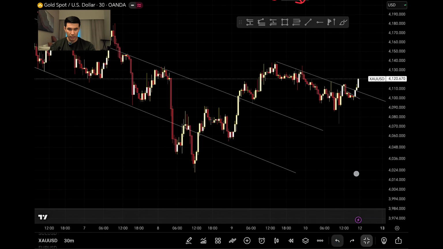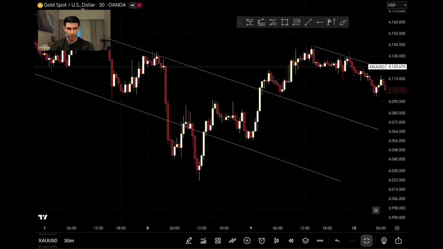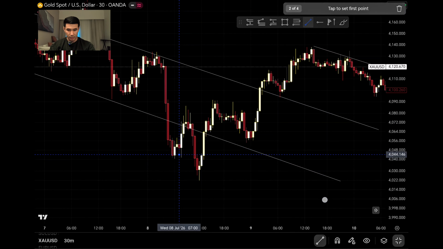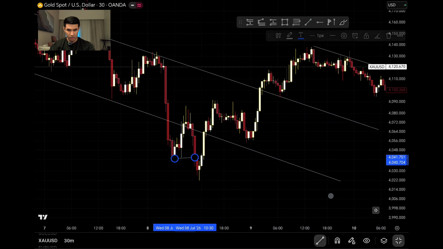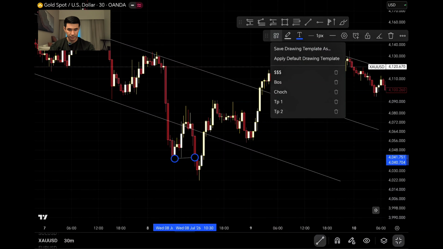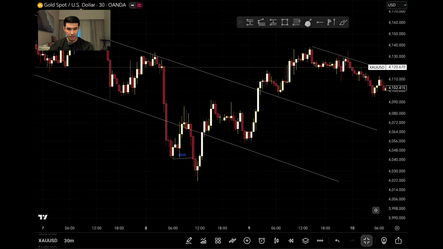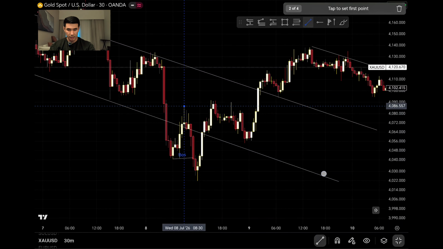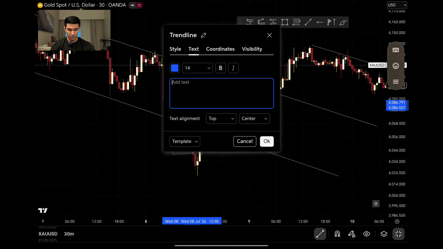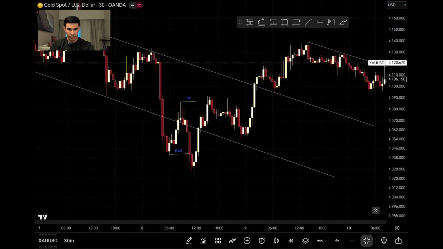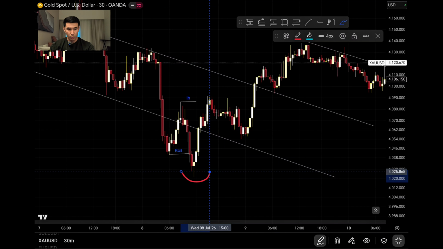I hope you all know about the change of character. For example, here there was the last lower low, and this is the last lower high. This one is the last lower high, LH. And this lower high creates a new lower low.